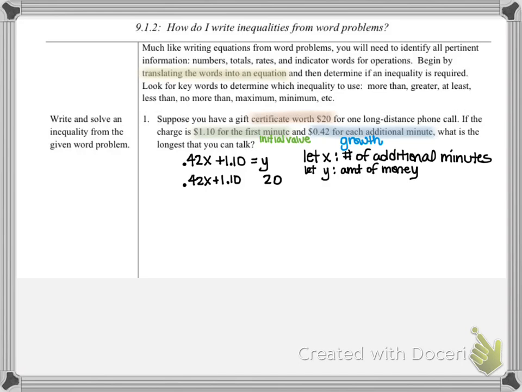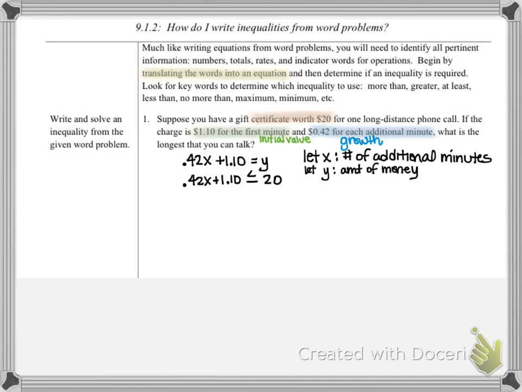So we can spend the exact $20. So I'm building my inequality here. So it could be equal, or, well, I can't go over more than what I have. So I can either be exactly at 20 bucks or I can be lower than the $20.